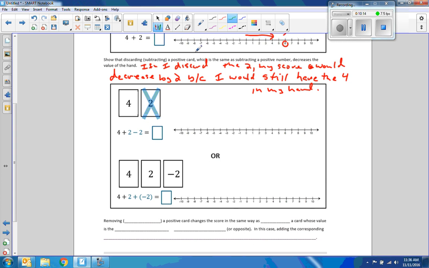Next example. So if we get rid of this 2 now, 4 plus 2 minus 2 equals 4. So now we are going to go from 0 to 4, which is what we had. And then we added 2 from above, which gave us 6.